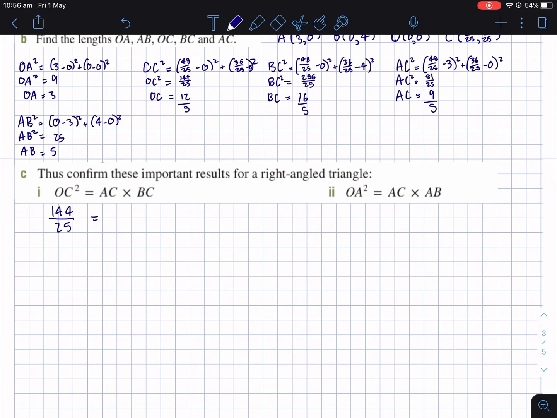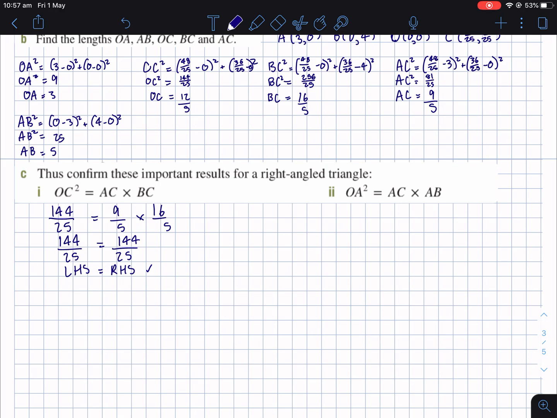Now AC was 9 on 5, times BC, which was 16 on 5. So we've got 144 on 25 equals, these are both on 5, by the way, sorry. So 5 times 5 is 25, and 9 times 16, 144. Left hand side equals right hand side. So we've done that one.